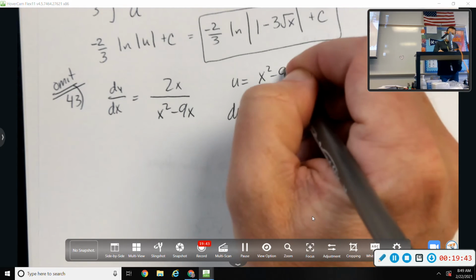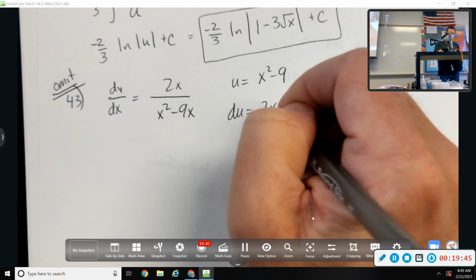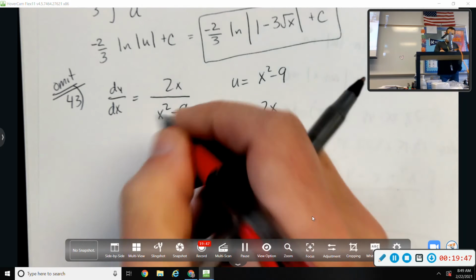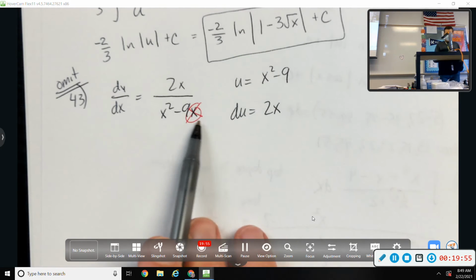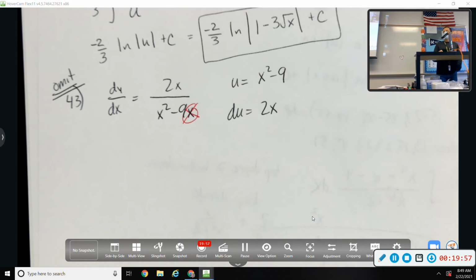If u was x squared minus 9, then du would be 2x. That would be a lot better. So I think this was a typo putting that x on there. Otherwise, it's more complicated. We don't want to mess with it. Especially this one. So omit 43.